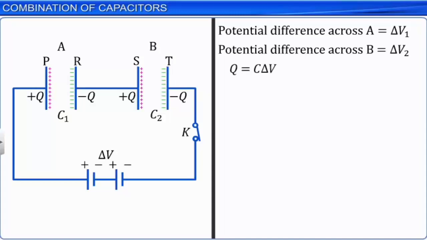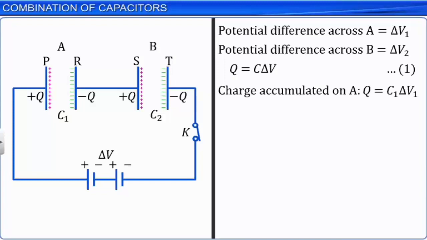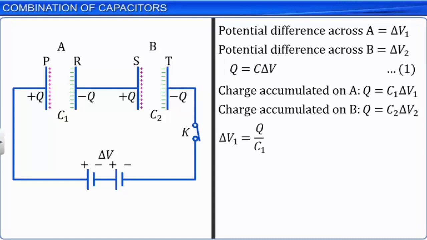Following the same expression, we get Q is equal to C1 delta V1 for capacitor A and Q is equal to C2 delta V2 for capacitor B. Simplifying the two expressions, we get delta V1 is equal to Q by C1 and delta V2 is equal to Q by C2. Let these be equations 2 and 3 respectively.